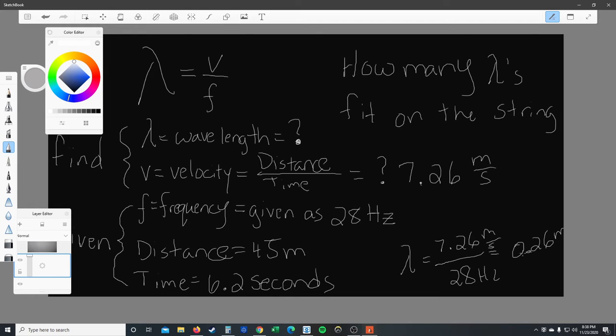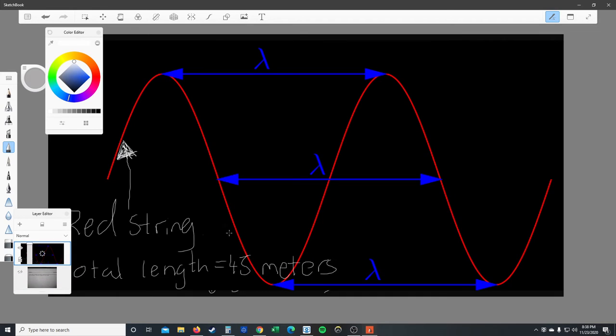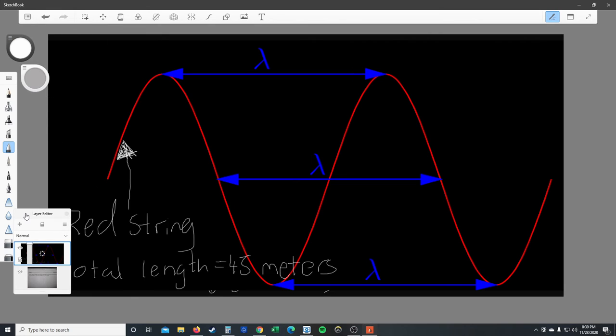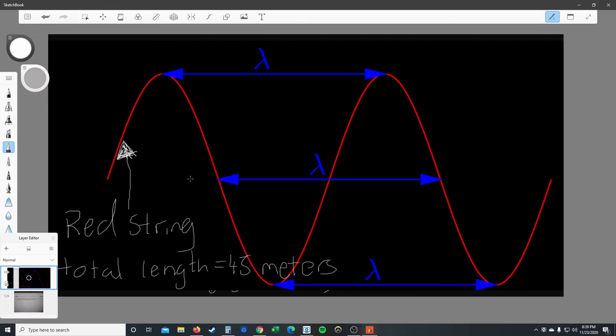Okay, so now that we have all the calculations, I'd like to show a figure here. Let's just imagine this figure: the red graph represents the 45 meter string.